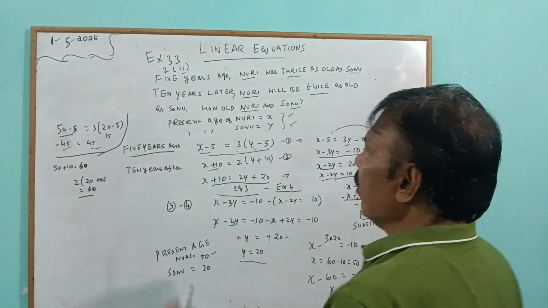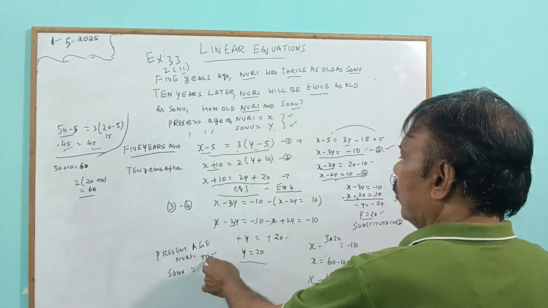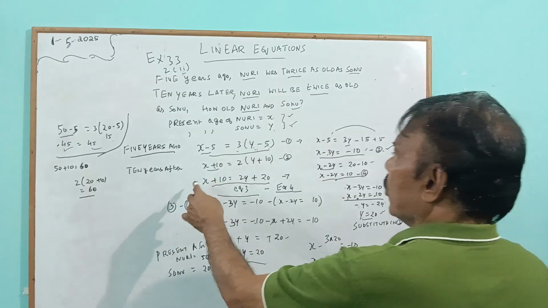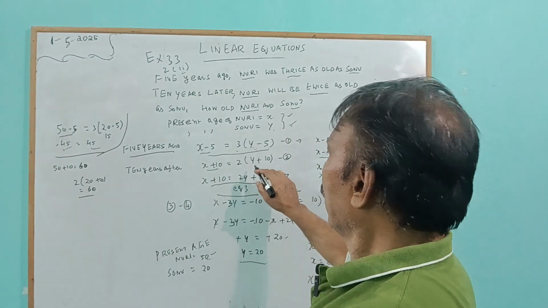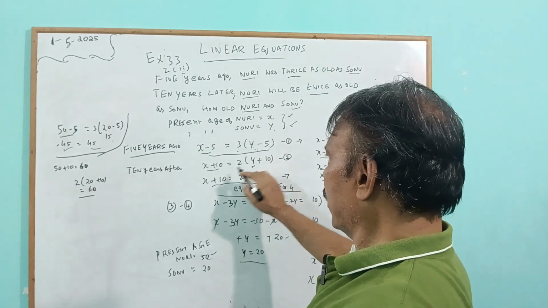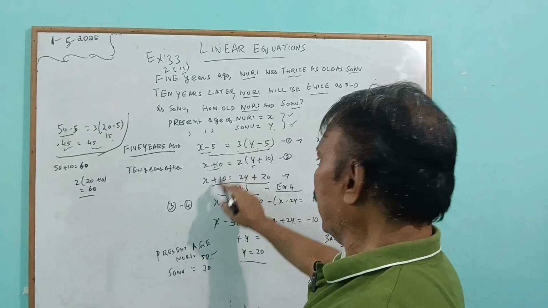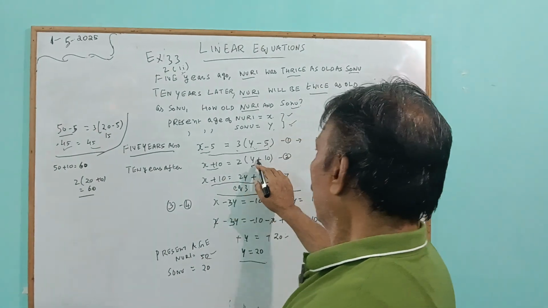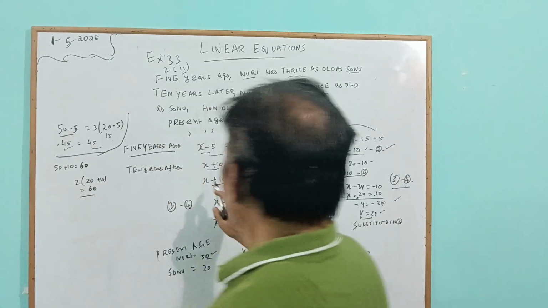Same way, 10 years after. What is the age now? Nuri is 50, so he will become 60 after 10 years. Sonu's age is now 20, 20 plus 10, 30. So this is how you should do.